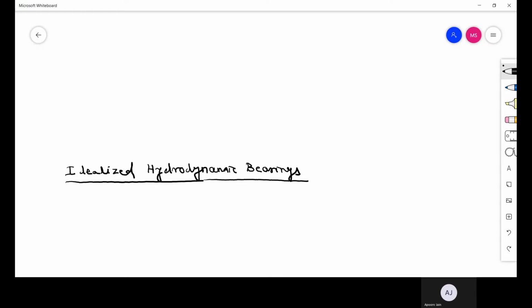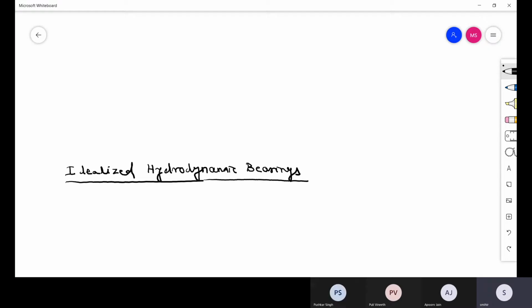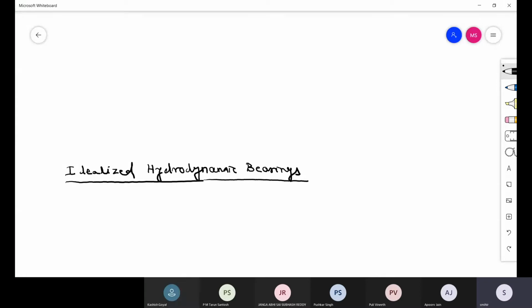What is an idealized hydrodynamic bearing? Idealized means, as we discussed yesterday, that the Reynolds equation in two-dimensional form cannot be solved analytically. It is difficult to arrive at a closed form solution. Therefore, neglecting one dimension can give a quick explanation of pressure development in various practical cases.